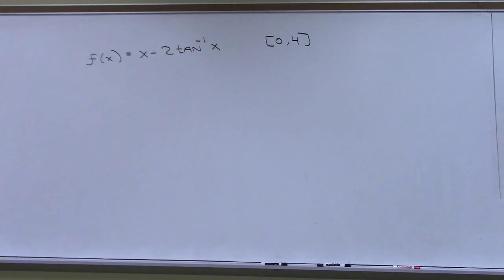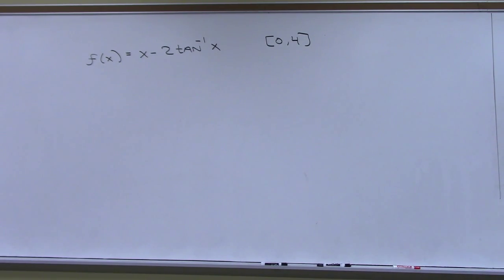Wonder what it would look like if I didn't restrict it, if I just went negative 10 to 10. There's the graph of the function, not restricted on that interval. But if I restrict it on that interval, this is a good opportunity to talk about this.